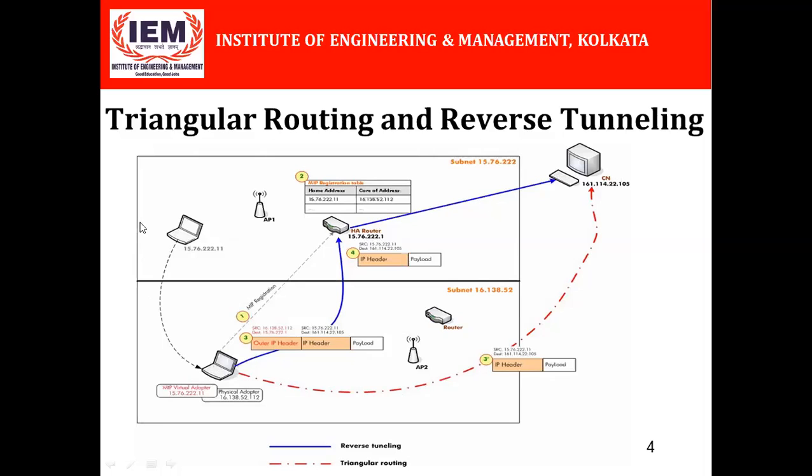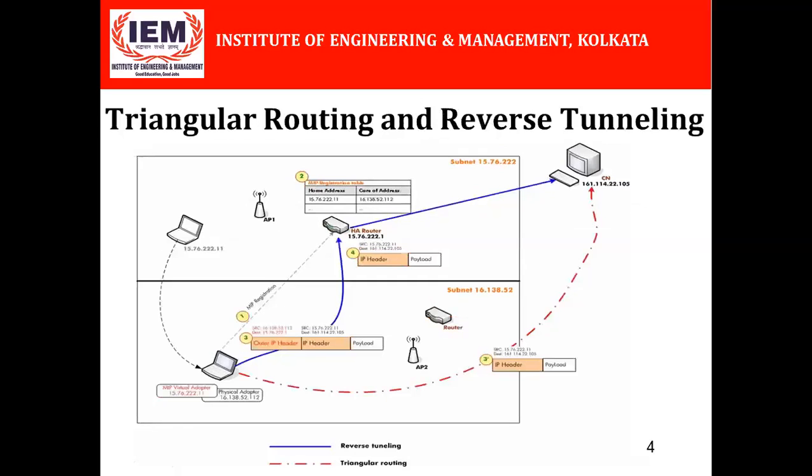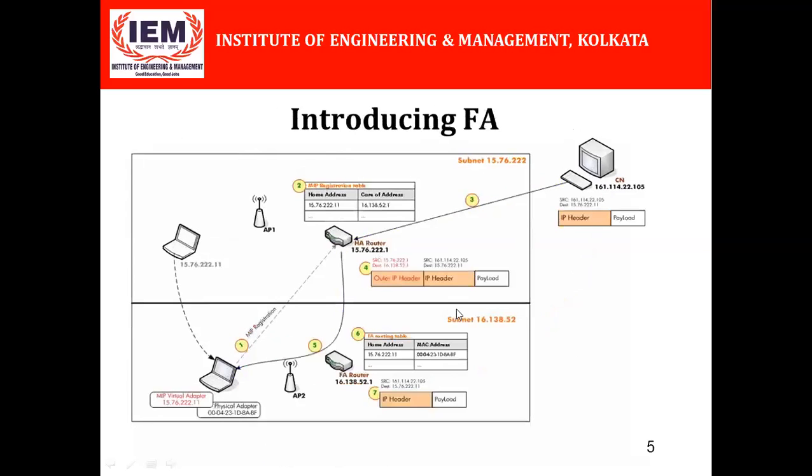Now next to that, introducing the foreign agent. Before that, we have not directly seen a foreign agent. Some router is there. If I understand correctly, this is simply a router, not a foreign agent. Foreign agent means something with some extra thing added.